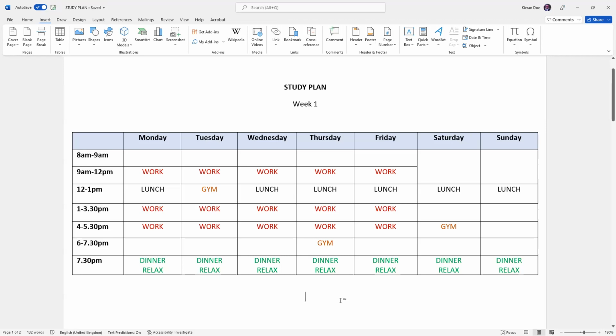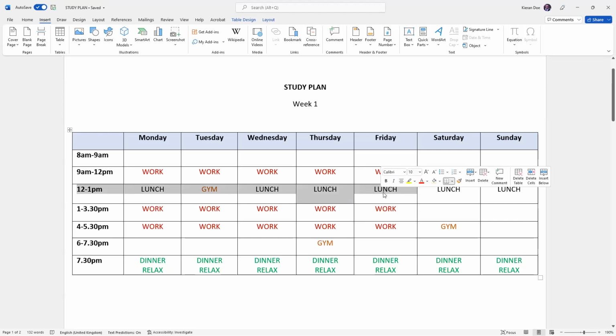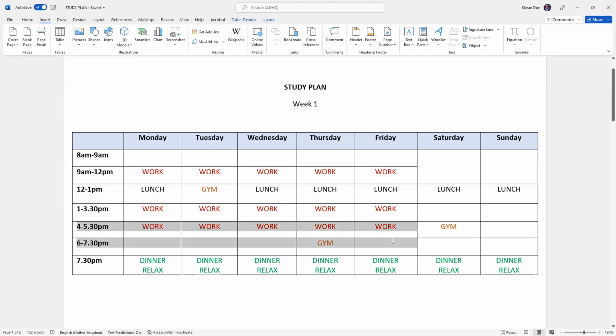Once I'd put in everything non-negotiable, I would see what time was left. I'd think, well, I've got a bit of time before work during the week. At lunchtime I can probably watch a video or do a couple of questions. Then I've got a slot after work most days. But the big slots really were always at the weekends, so you can even break your weekend down into slots as well.